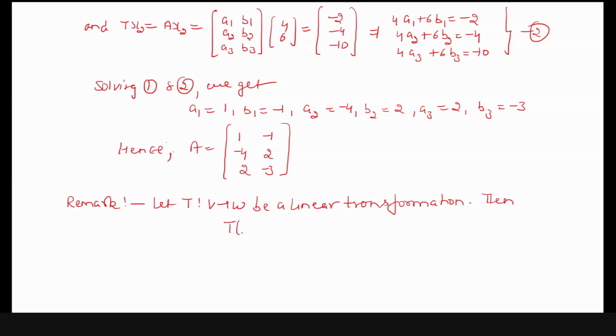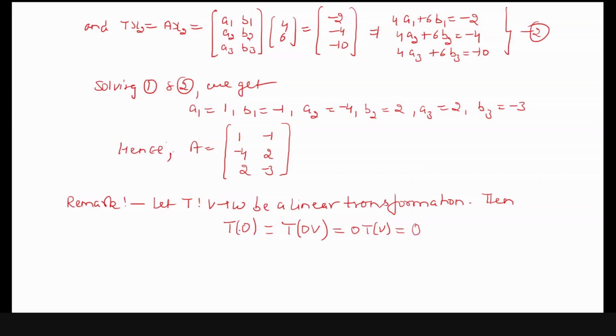Can you tell me what is the value of T of 0? This means this zero vector of V will map to which element of W. You can write T of 0 is equal to 0 times some element of V. When you multiply, again you will get a zero vector. Okay, so by the property of linear transformation, the scalar you can take outside into T of V. So when you multiply this vector T of V, which is in W, with 0, you will get a zero vector.